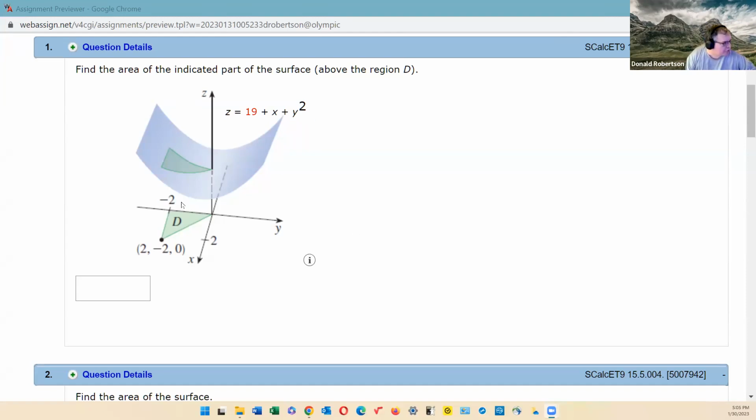Do you see the curved surface Z is this blue thing? On the floor, there's a triangle. That triangle is projected up and it meets the surface like this. And our job is to find the area of that curved triangle, right? So the surface area is the area that you would get if you took the floor and projected it up to the surface Z. So far, so good?